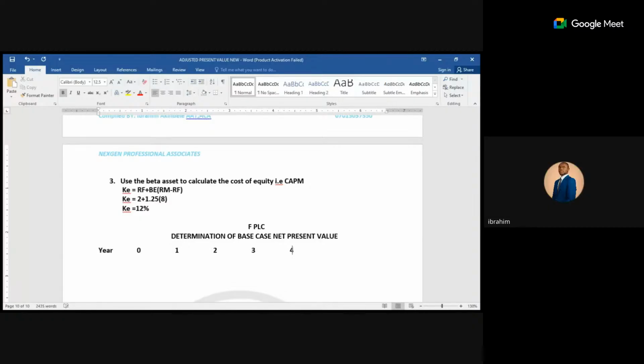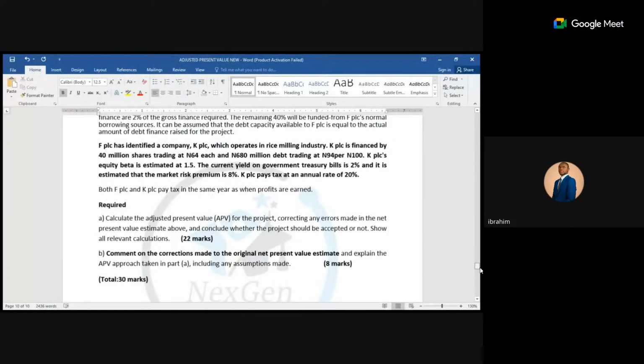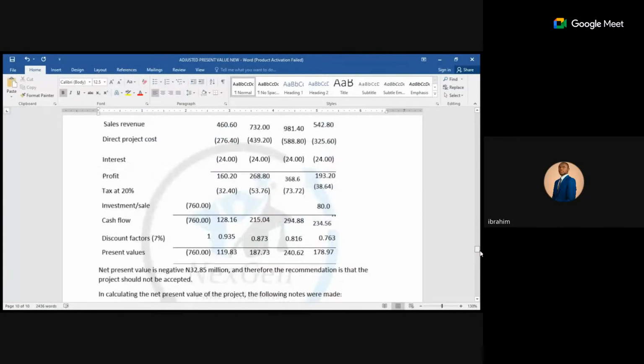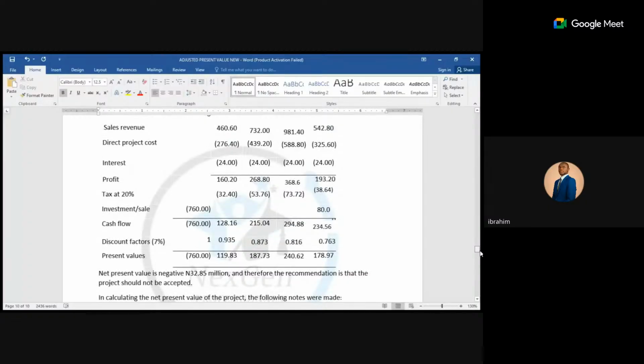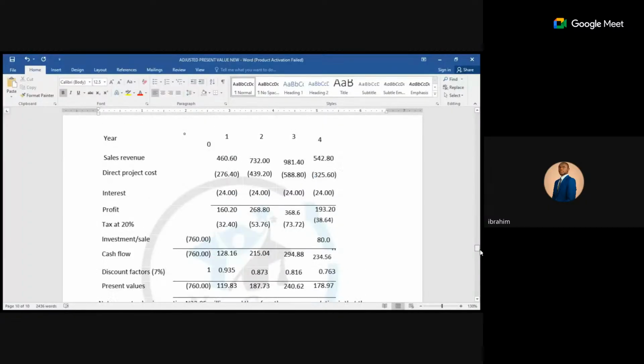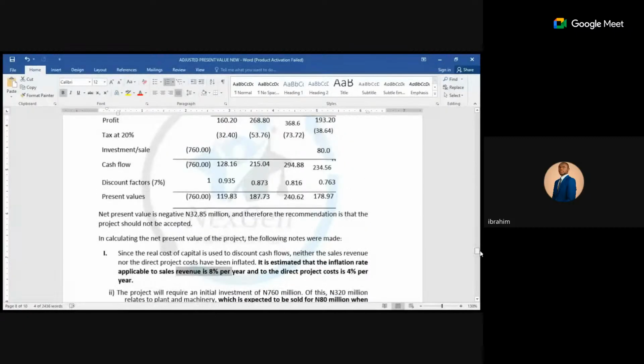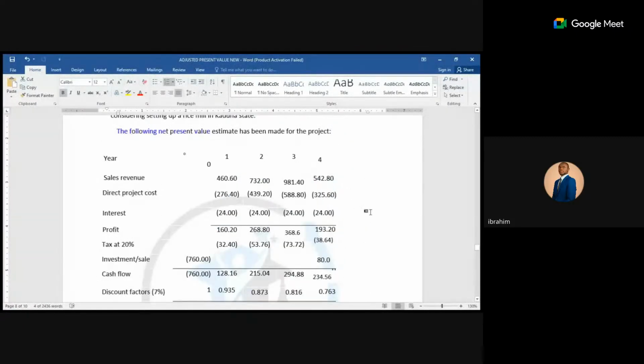And tax is being paid in the year at which the profit is being made. So we need to inflate the sales by 8% and our direct costs by 4%.